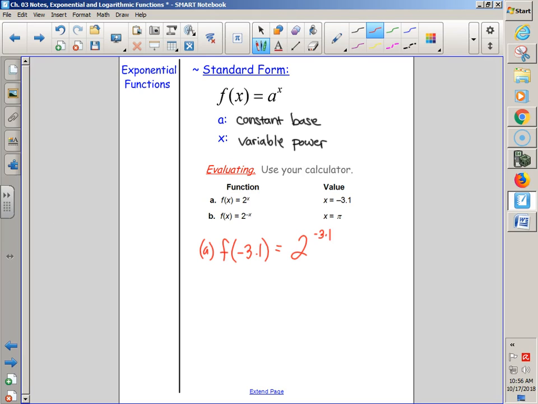Does anybody have, just real quick, a mental estimate of what this should be around? Let's see. Ooh, decimals. I like the 8. I don't like the negative because the negative power does what? So we could say this should be approximately inverse, reciprocal.